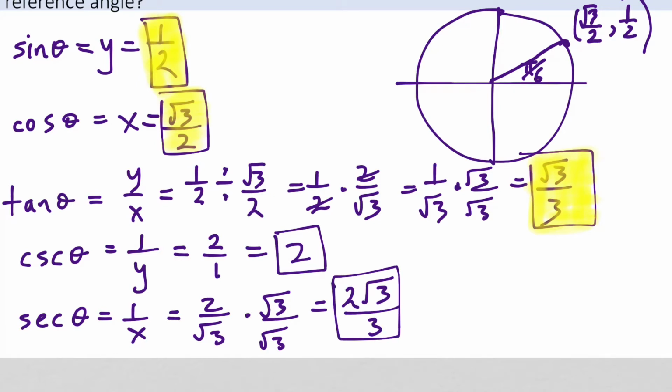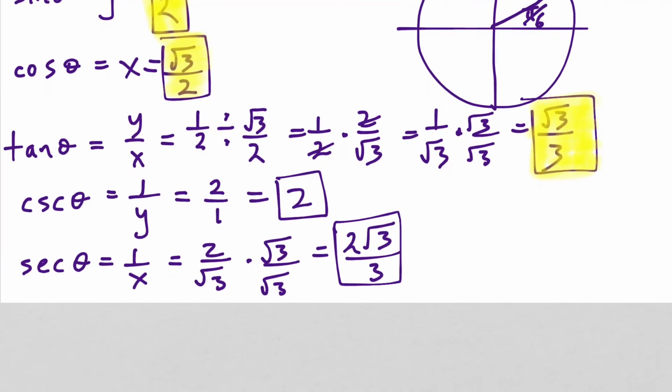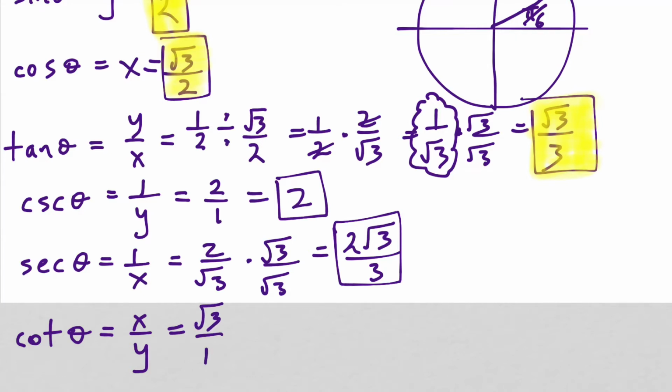And then the last one would be the reciprocal of the tangent function, which is the cotangent function, which is x over y. So normally, the easiest thing to do is go back to this form here before you rationalize it, because it's pretty easy to flip that upside down. So I recommend doing it that way so you don't have to unrationalize, so to speak.